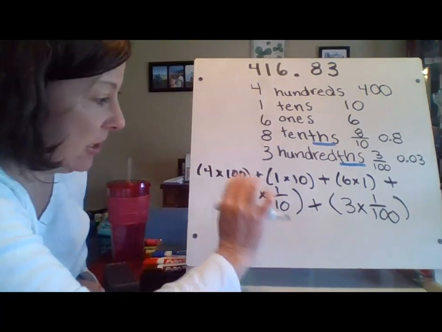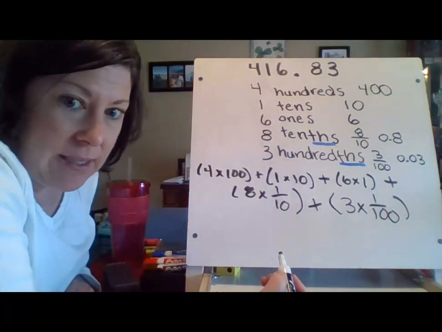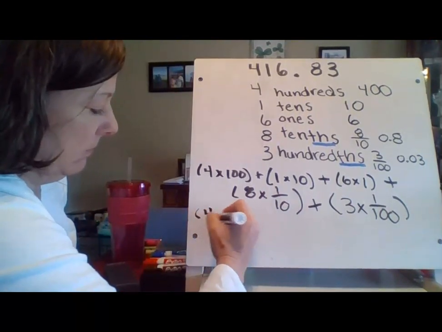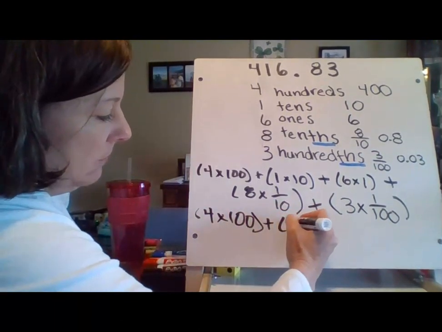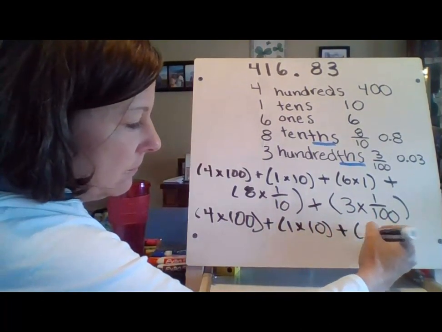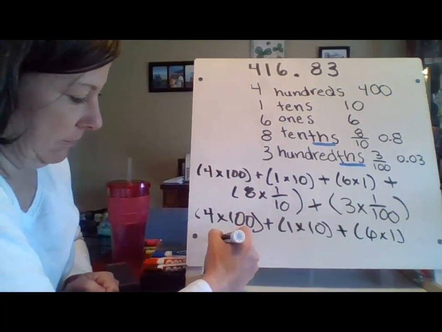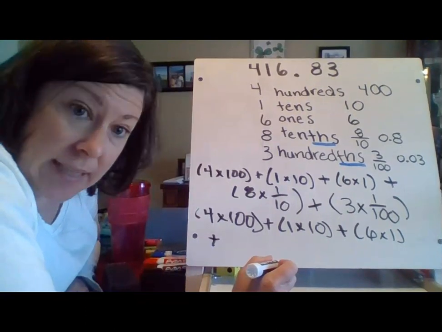But now let's do the same exact thing, but with decimals. The good thing is my hundreds, my tens, and my ones are going to be exactly the same. It's my fractions that I'm now going to change to decimals.